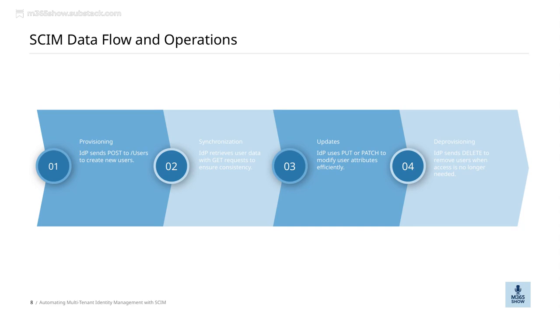All of these operations, provisioning, synchronization, updates, and deprovisioning, are fundamental to automating and managing multi-tenant identity environments with SCIM. They work together to streamline user lifecycle management and ensure data consistency across platforms.